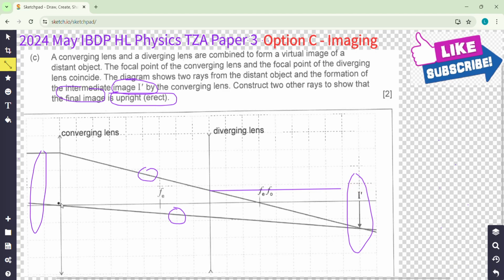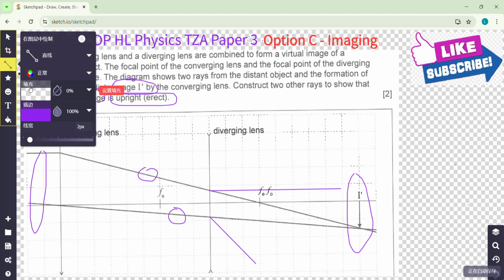And then for this one, this light ray is diverging, moving away from the principal axis, and I know a diverging lens will diverge, but diverging to what? Remember, parallel in, diverge from the focus. Now you are even more diverging already, so it has to diverge more, closer to the diverging lens. It should be like this.